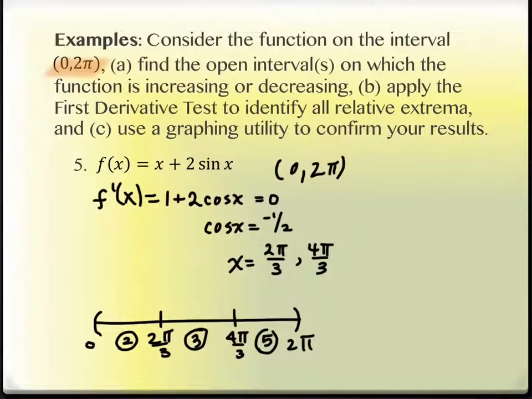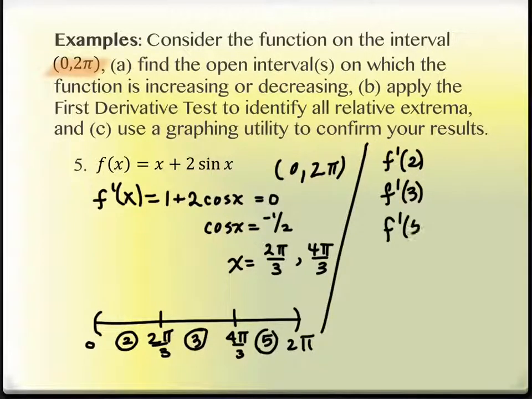Okay. Into what function do I test them? The derivative function, right? So I'm going to find f prime of 2, f prime of 3, and f prime of 5. And this is my derivative function right here.